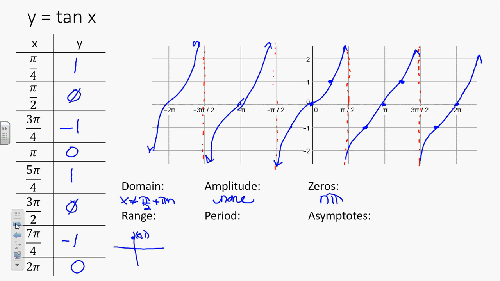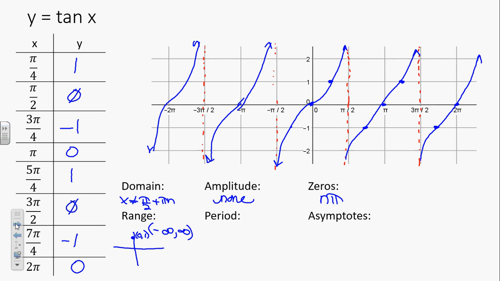What's our range? Everything, right? We can have all values of y. How often do we have a repeat of the graph? In 0 to 2 pi, we actually get every pi, right? Because in 0 to 2 pi, we actually get 2 graphs, don't we? So we only need pi.